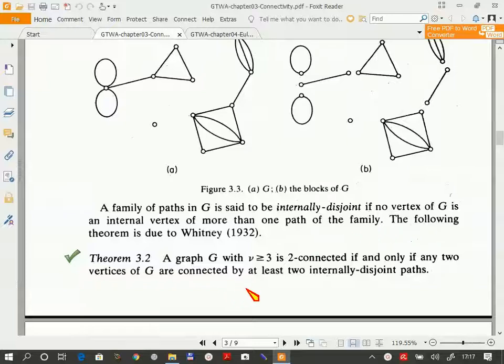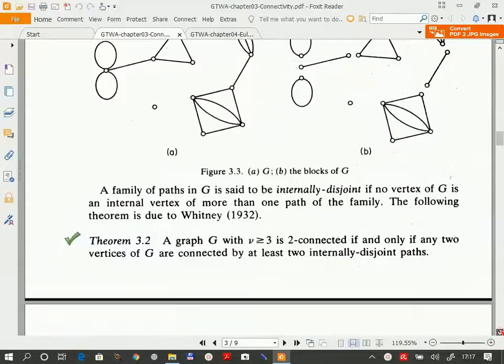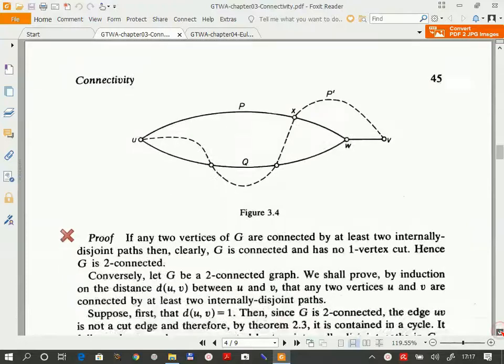And so this is a test, if you want, for knowing whether a graph is 2-connected, meaning at least 2-connected, if and only if any 2 vertices are connected by at least 2 internally disjoint paths. Okay. You just have to know that.